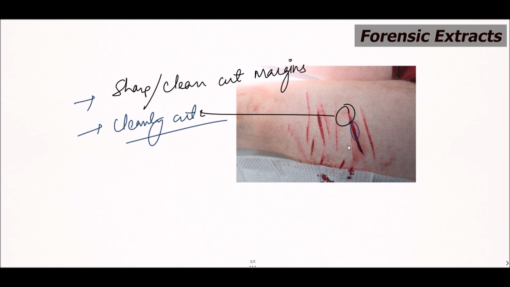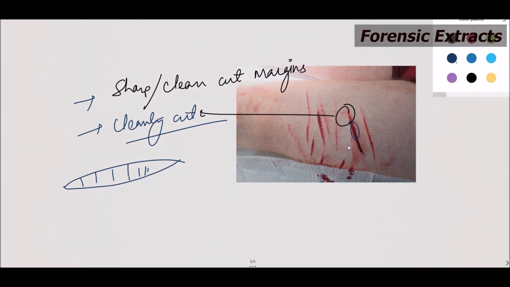Suppose this is the incised wound that is having clean cut margins, and there are tissues in the floor. These tissues will be cleanly cut. Cutting of the tissues will be clean.